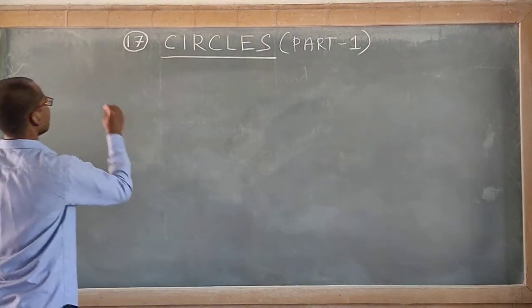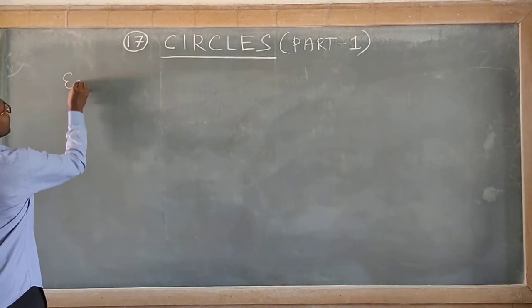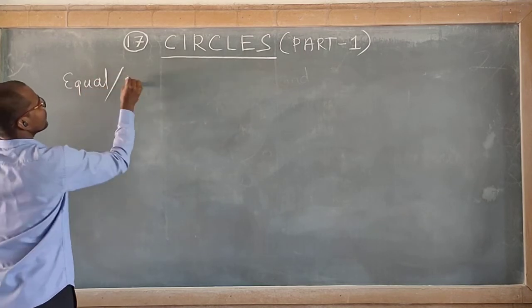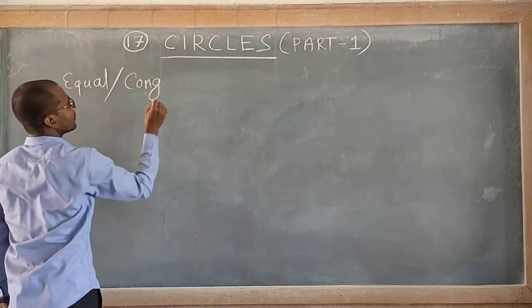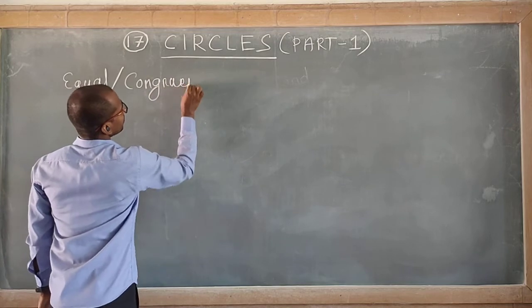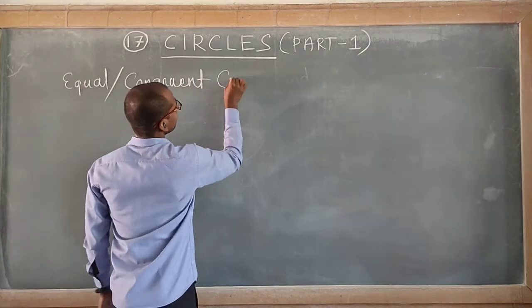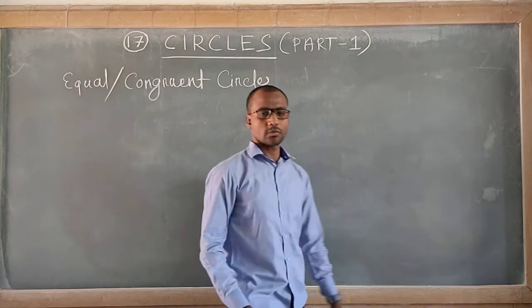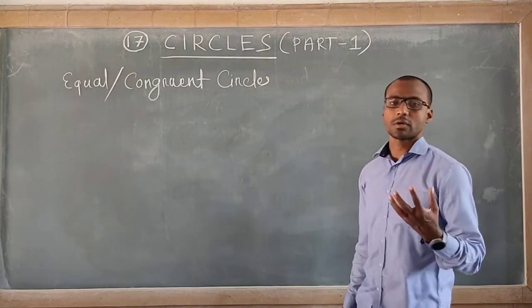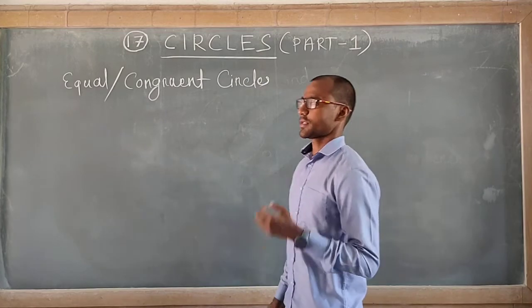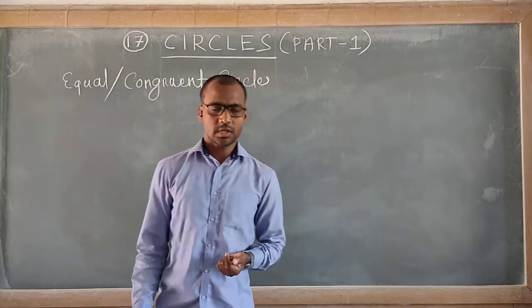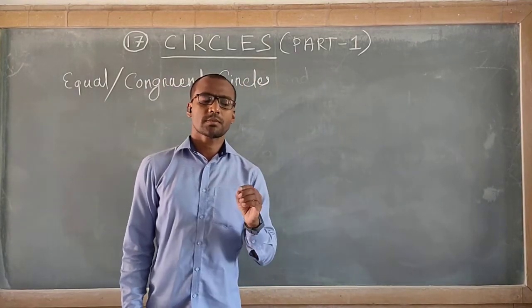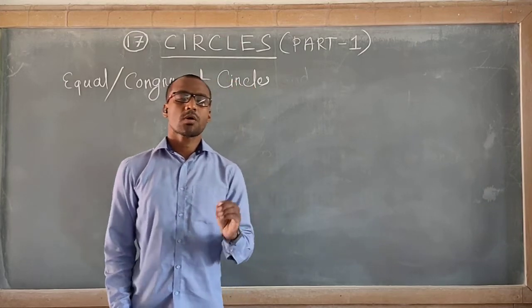Next we have equal or congruent circles. Now what do you mean by equal or congruent circles? The circles which have the same radius. Any two circles which have the same radius are said to be equal or congruent.